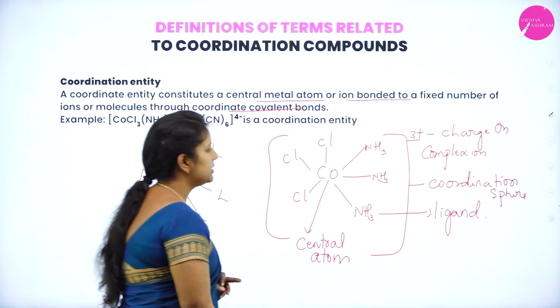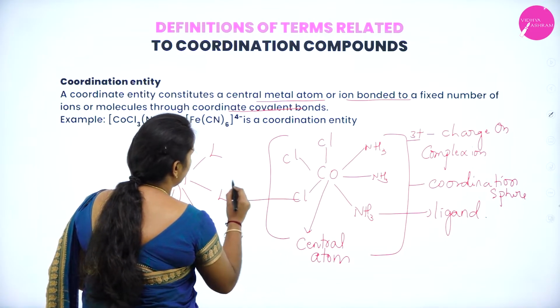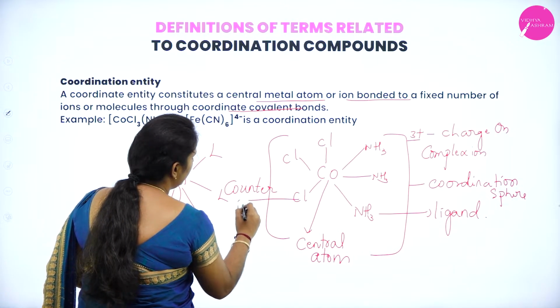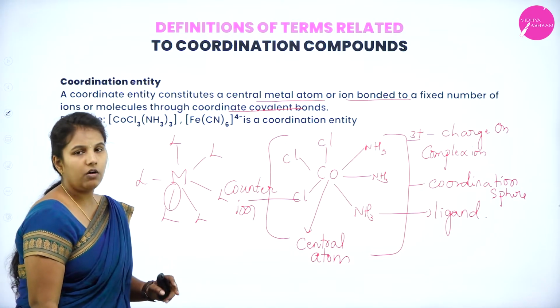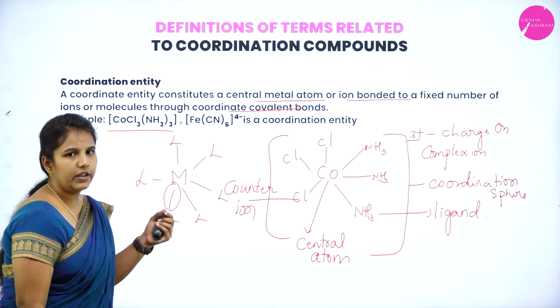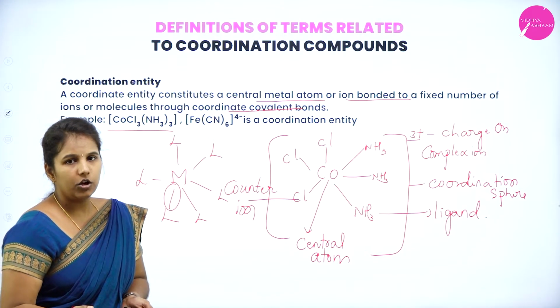And you can see that these 3 chlorine atoms are nothing but counter ions. This is how, whatever compound is given to you, you can easily identify the coordination entities involved in the complex.